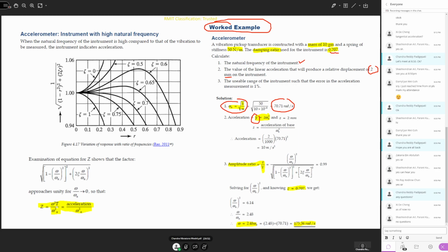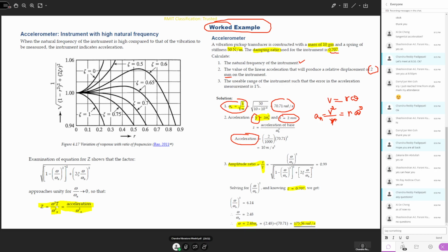You can write the normal acceleration the same way; instead of R, we have here the Z, 2 mm given. Therefore, you can calculate the acceleration here.